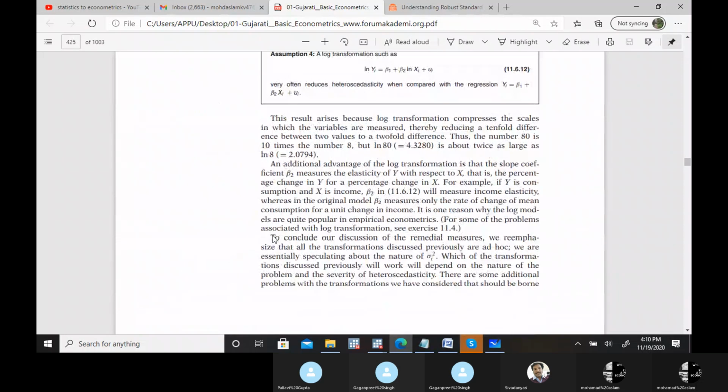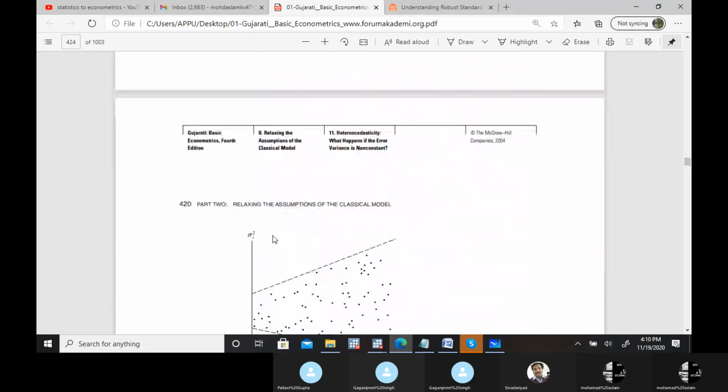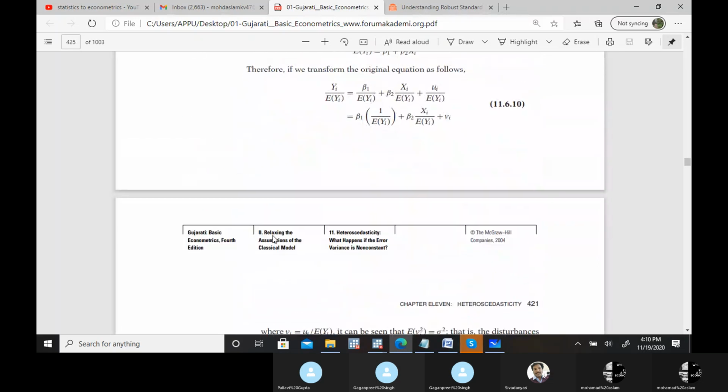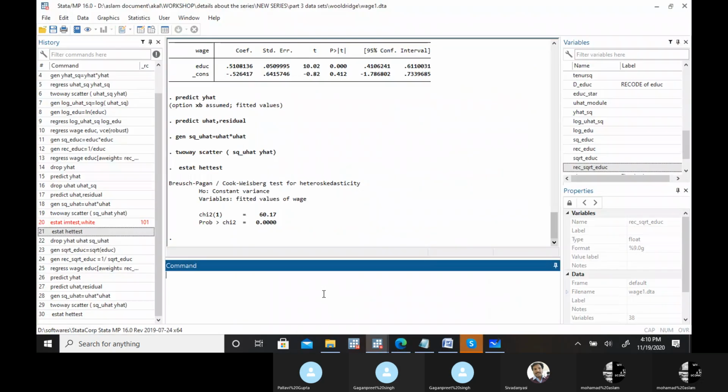So these are the possible solutions you can try. So let's try one another solution, y hat. I don't know if it will definitely solve the case, but let's try it.